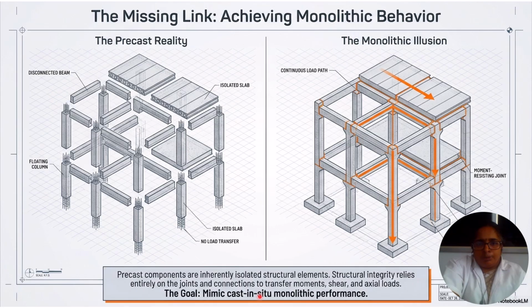The goal of the prefabricated components or structures is to mimic cast in situ monolithic performance with the help of joints and connections. So the figure helps you to understand how the monolithic construction will be there, and how the precast components will be assembled.